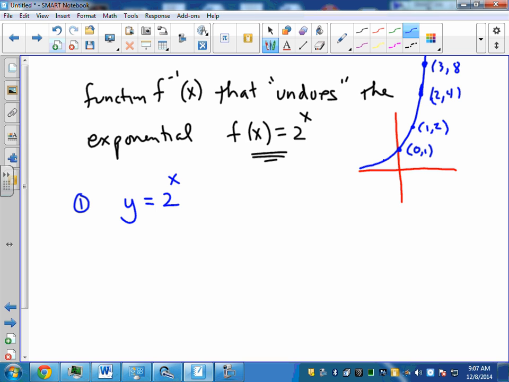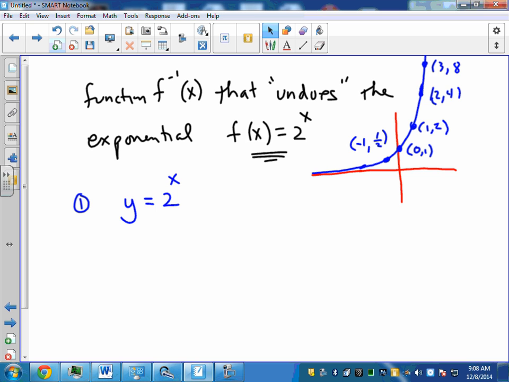In the negative direction, there'd be a point here, (-1, 1/2). And you could verify that all of these points lie on this exponential doubling graph. Grows very, very quickly, goes off to the right here. And as we go to the left, the curve gets really close to the x-axis, but never hits it.